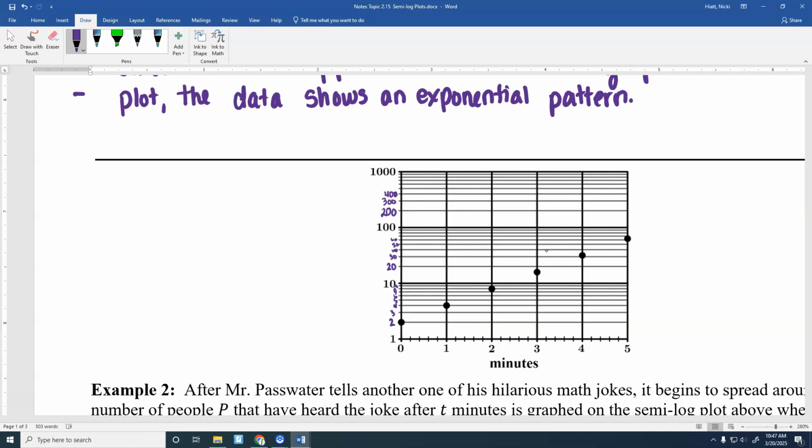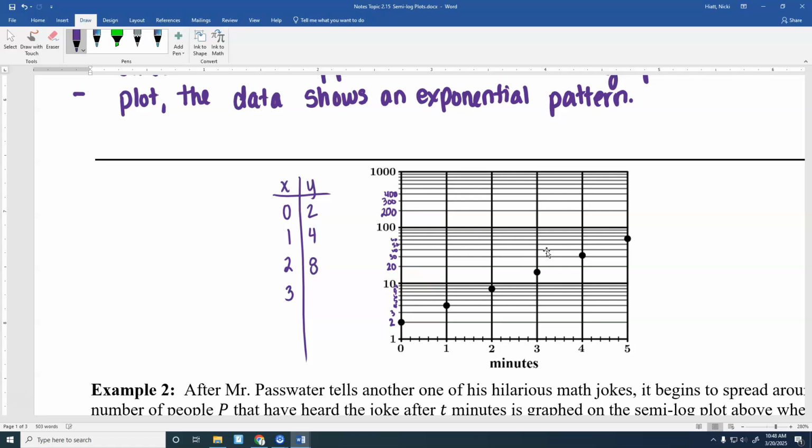So if I want to make myself a table for the values here, then my x at that first point would be 0. My y would be 2. What would be the value for 1? 4. What about for 2? 8.